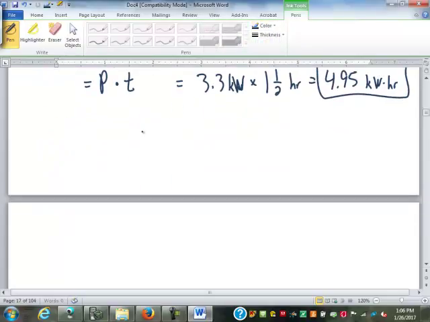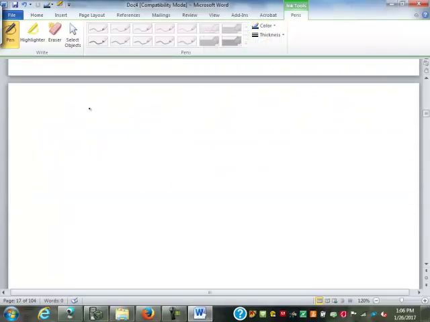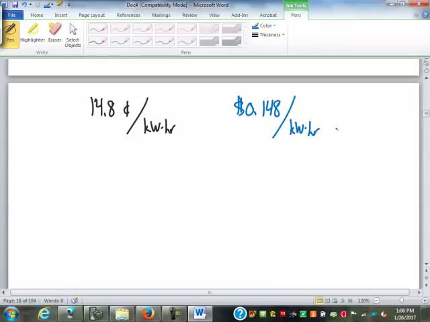So let's look at the charge. Typically, right now, I think it's like 14.8 cents a kilowatt hour. So in other words, that's $0.148 per kilowatt hour.